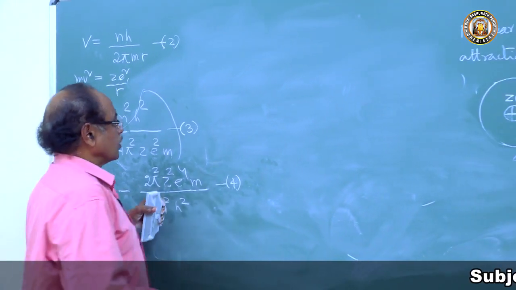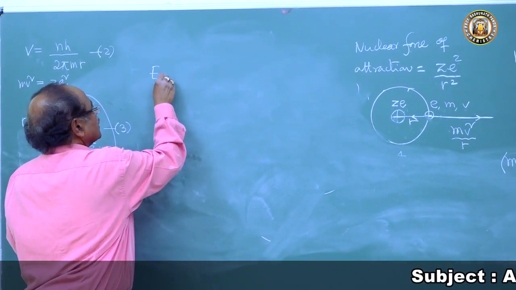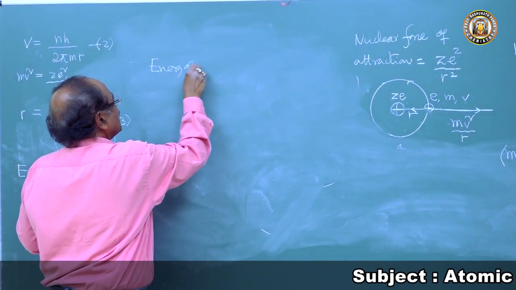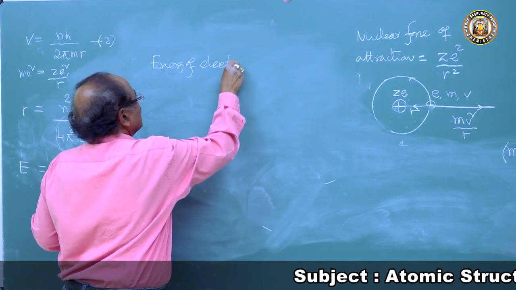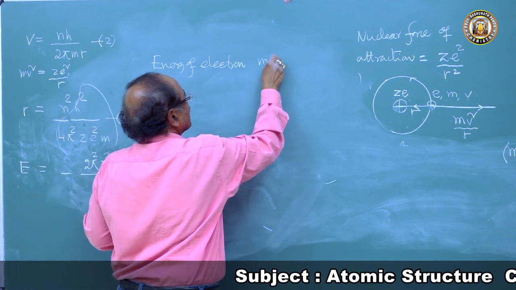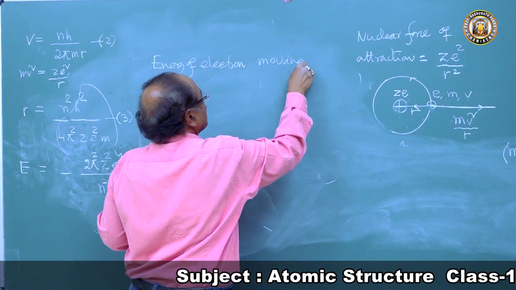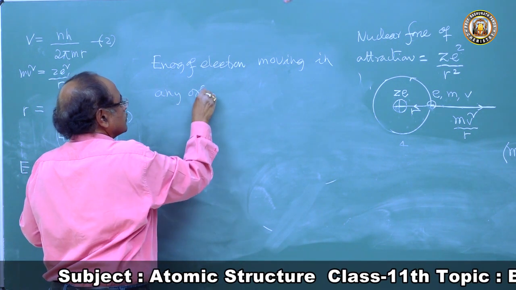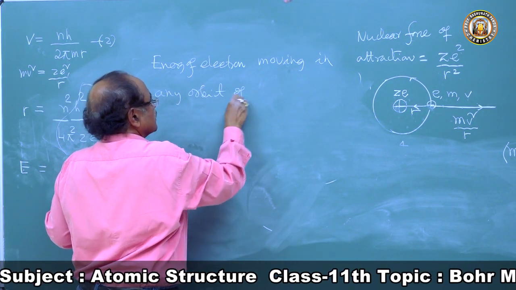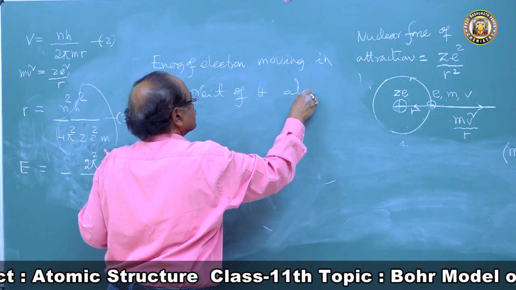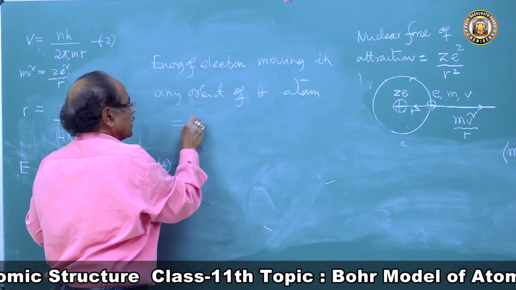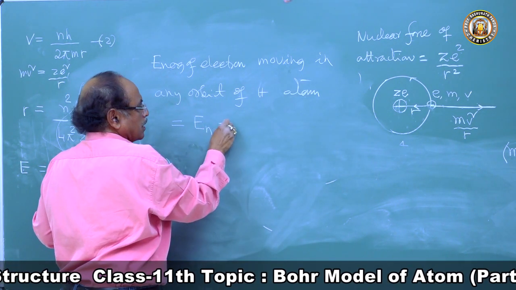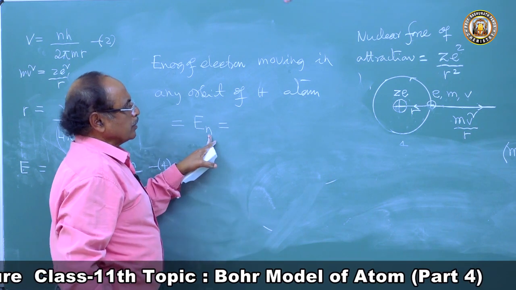So the energy of the electron moving in any orbit of the hydrogen atom will be En, in the nth orbit. So n equals 1, n equals 2, n equals 3.